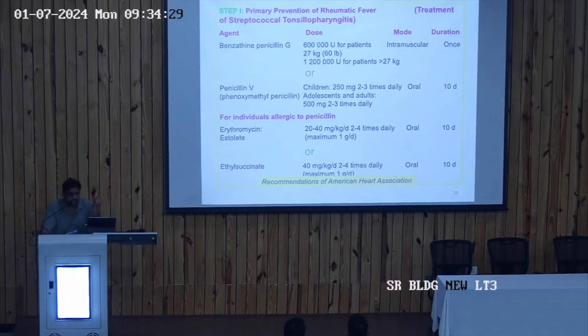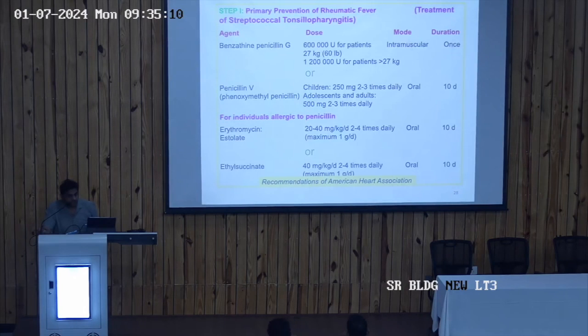So benzathine penicillin is given, 1.2 lakh units if the patient is more than 27 kilograms, or 60,000 international units if less than 27 kilograms, by deep intramuscular injection, once quarterly. Penicillin V can be given orally to children, 250 milligrams 2-3 times daily for 10 days.